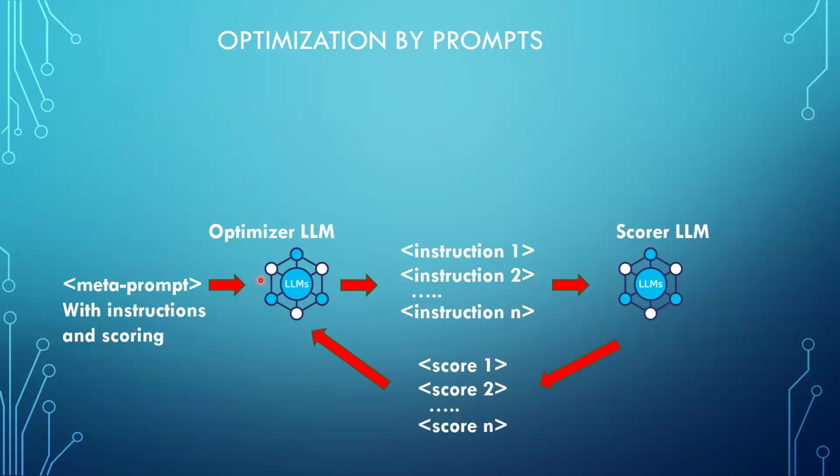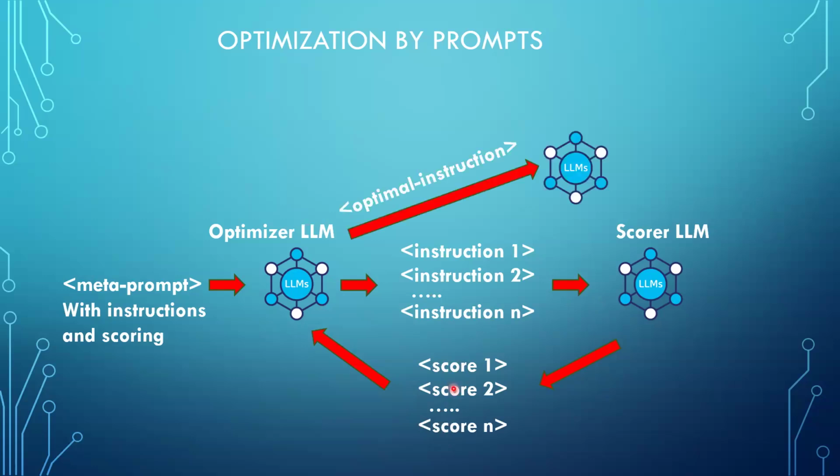So you can use your own favorite optimization scheme, and use the optimizer LLM to continue looping between a sequence of instructions and getting the score. Eventually, based on the score, you can locate the optimized desired point, in which case the optimizer LLM will issue the optimized instruction, and you get the optimized solution.